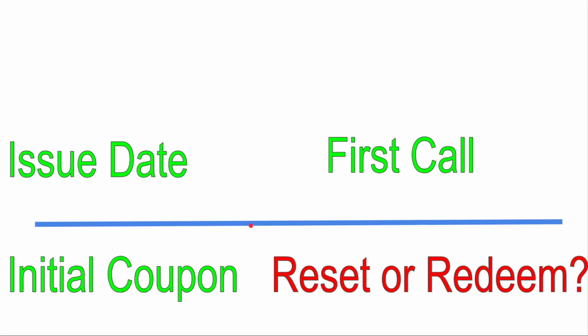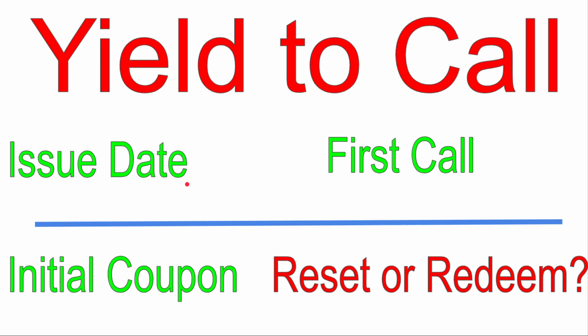So the pricing of perps is interesting. It is not really rocket science, but it's always a bit difficult. But in general, if people think that the issuer is going to redeem the perp at the first call date, then people will just treat this as a 5-year bond and price it accordingly. People just price it as a yield to call.